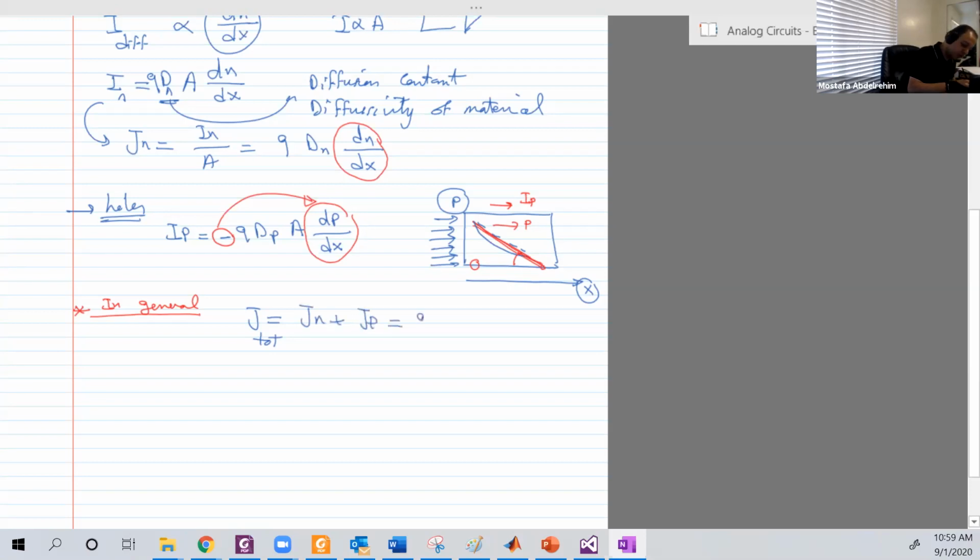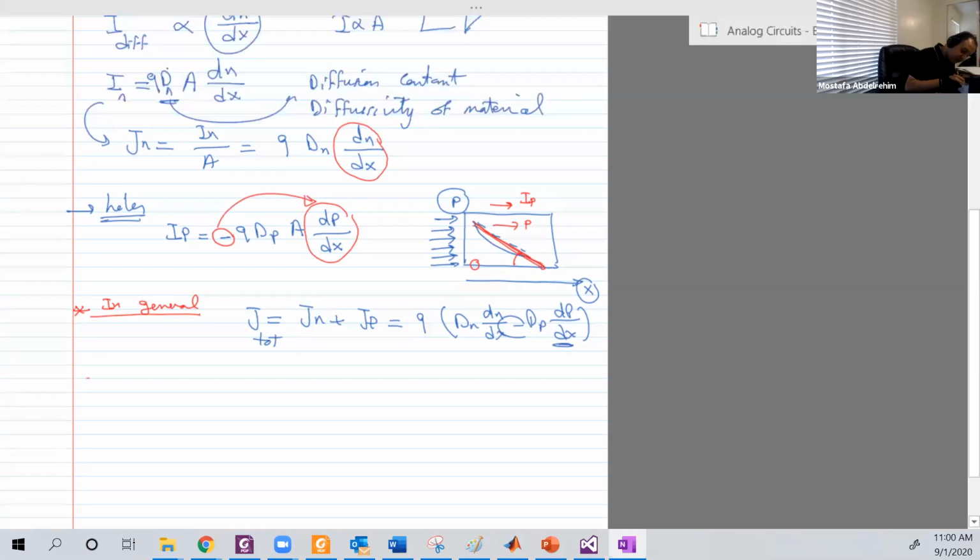So it will be equal to Q dN by dx minus dB by dx. And again, don't worry about the sign here, because the dB by dx will equalize it. Okay, good. So in the book, let's talk about the example.